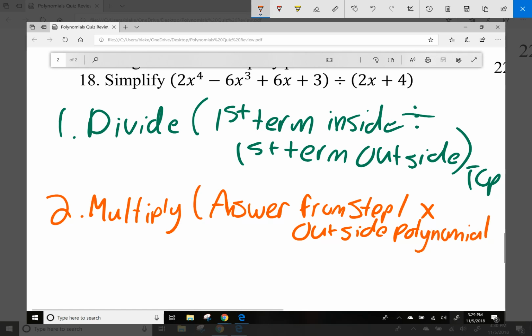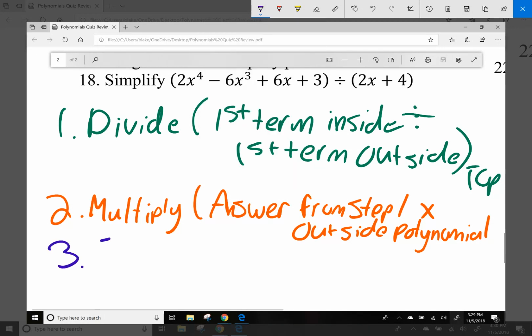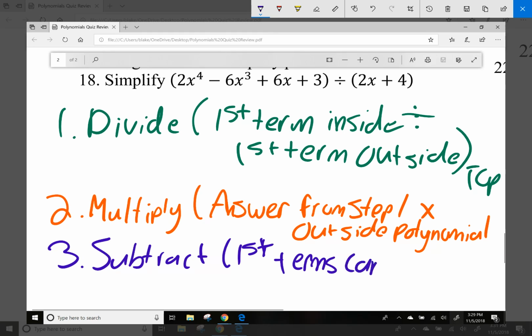Step 3 is subtract. So when you subtract, the first terms are always going to cancel. You'll see what I mean when we work a problem out. First term cancel. And the most important thing is the second term, you kind of just change the sign or think of it as opposite sign.